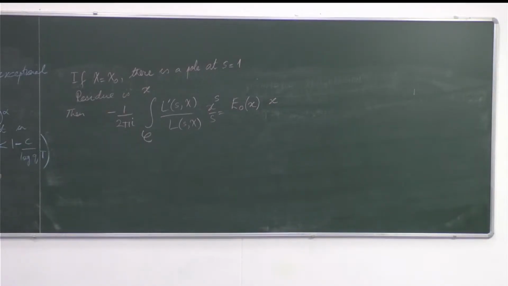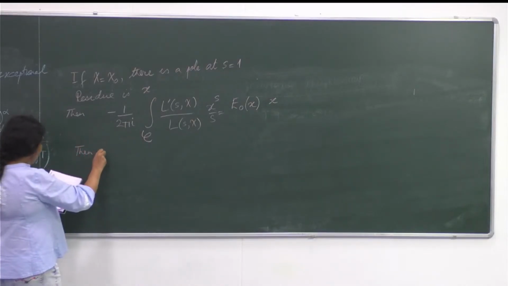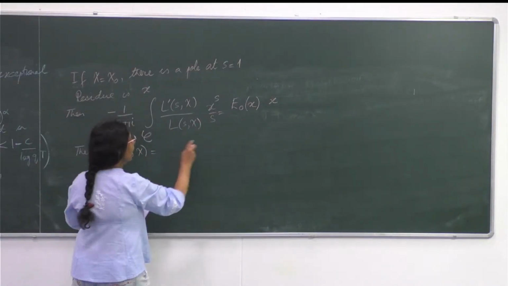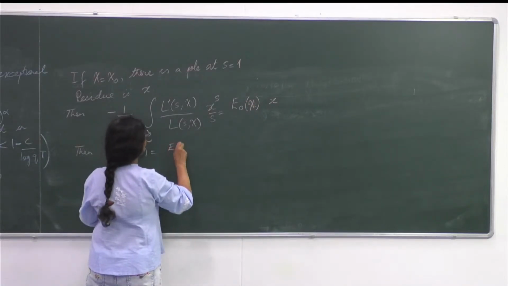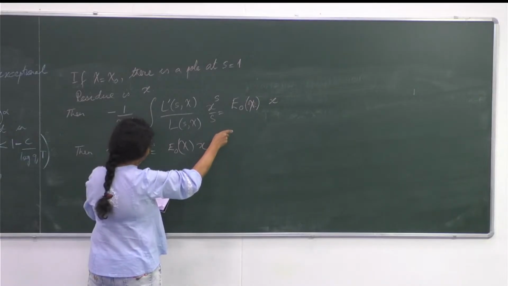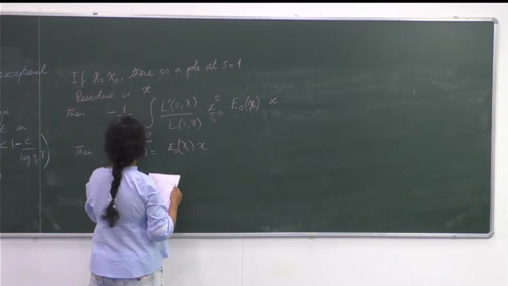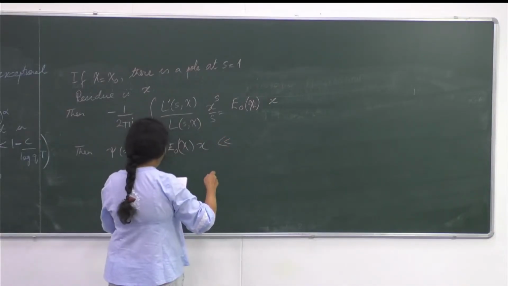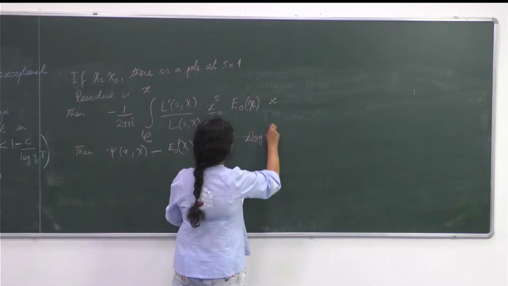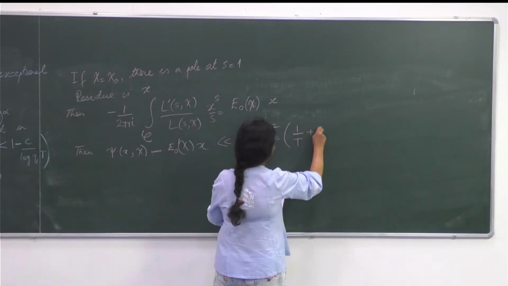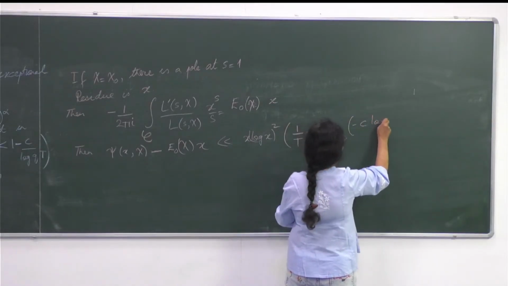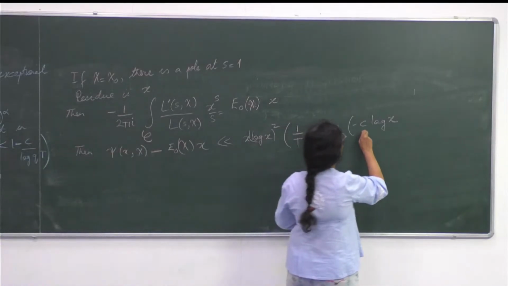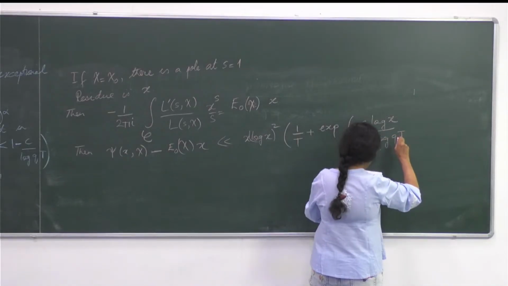So the explicit formula can now be written as psi x chi equals E0 chi x, and removing the main term, this is going to be less than x log x squared times 1 by t plus exponential minus c log x by alpha log qt, with the alpha which I took here.